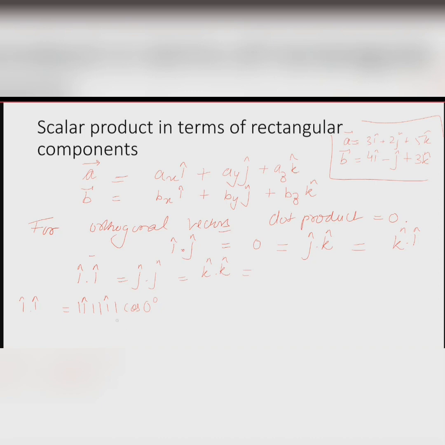Cos 0 degree is 1. The magnitude of a unit vector is 1. So I get 1.